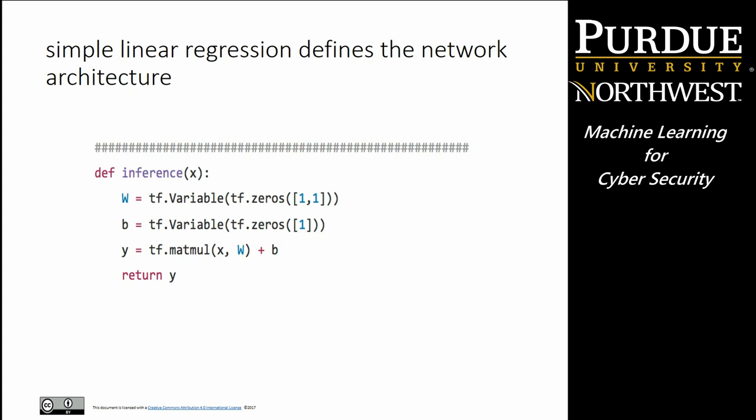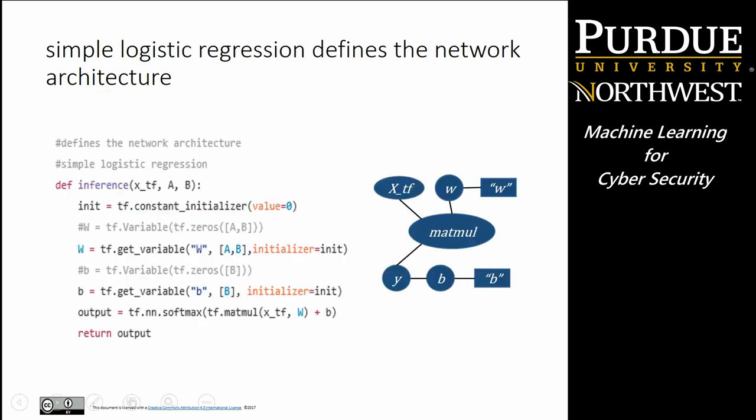Now let's look at this in the code, right? In the code before, simple linear regression defines the network architecture as such. So we have tf.matmul of xw plus b. Do you see that? xw plus b, where we have the w and the weights and the biases initialized to some zeros matrix. All right, that's linear regression. Logistic regression, if you notice, defines the network architecture as such.